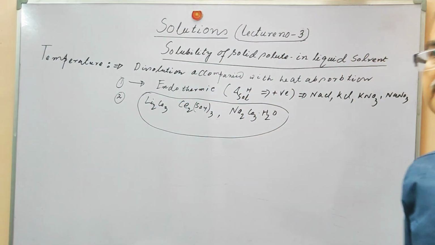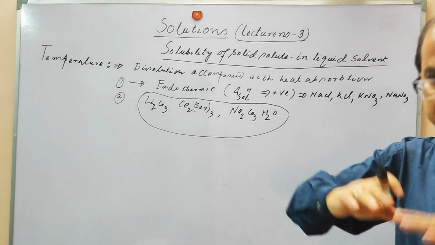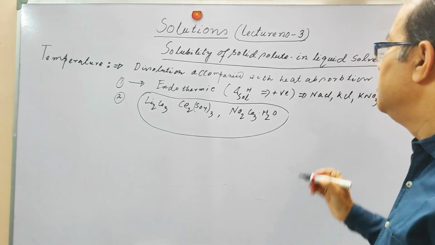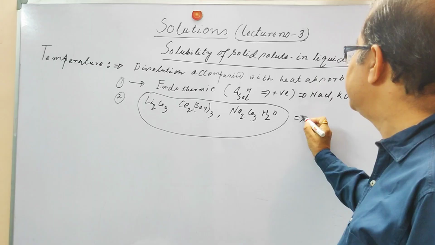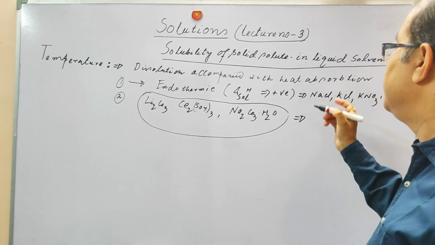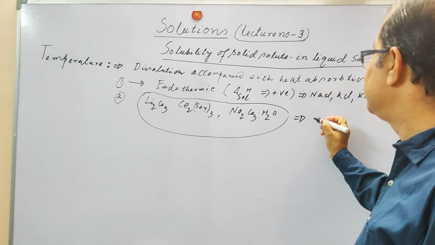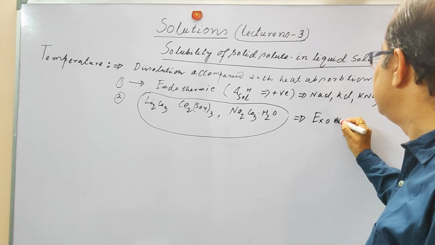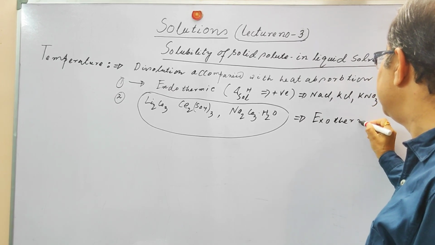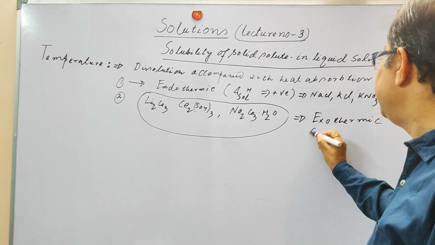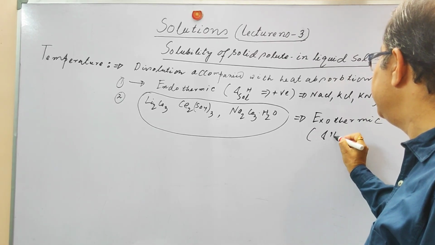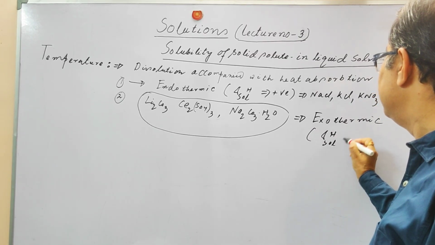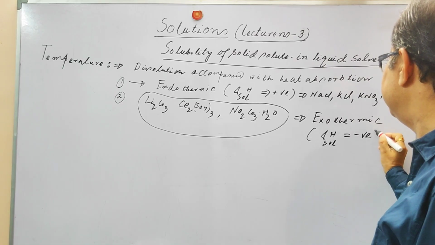When these substances are dissolved, they evolve energy. So when we make these substances dissolve, the process is called exothermic. And in this exothermic process, the delta H of solution will be negative.